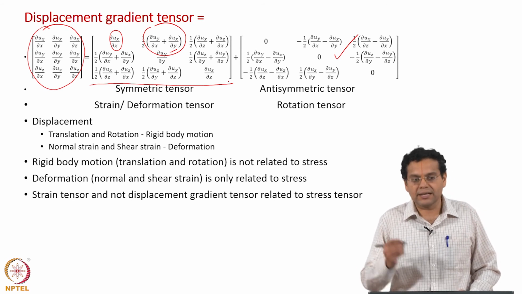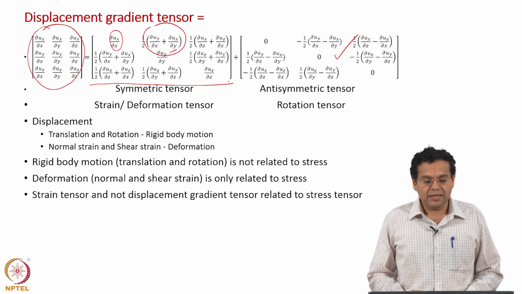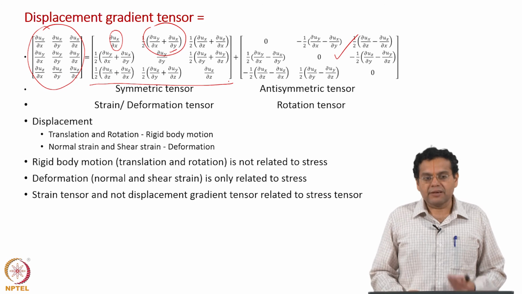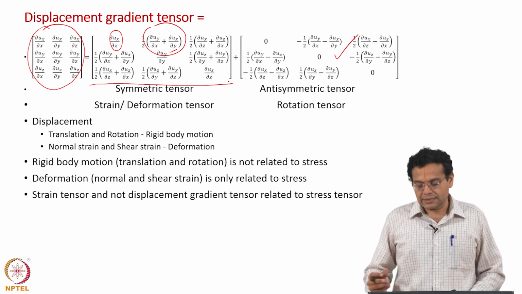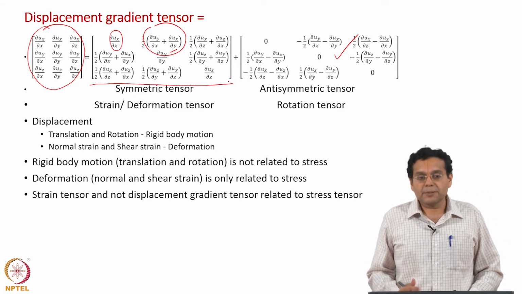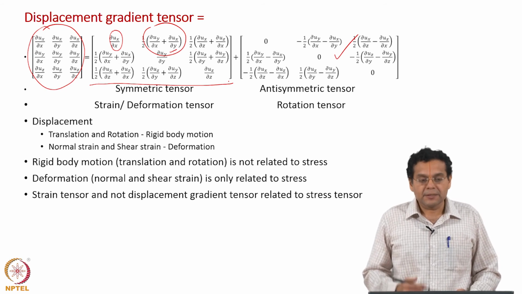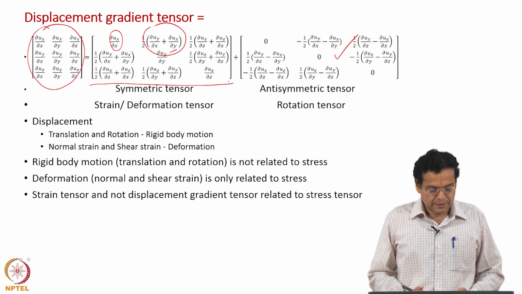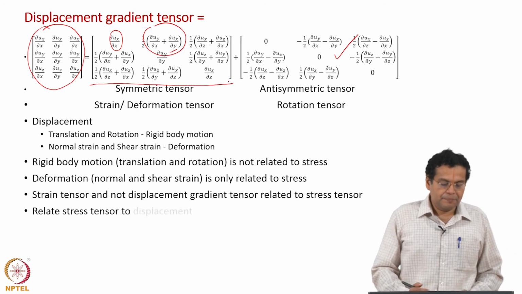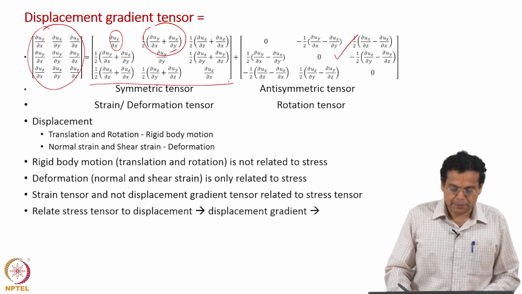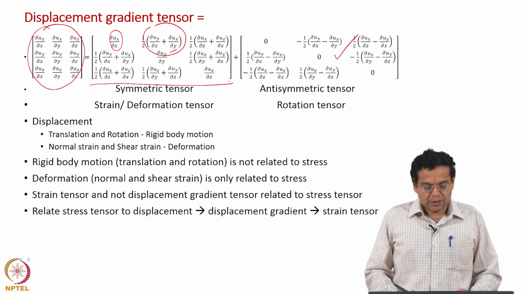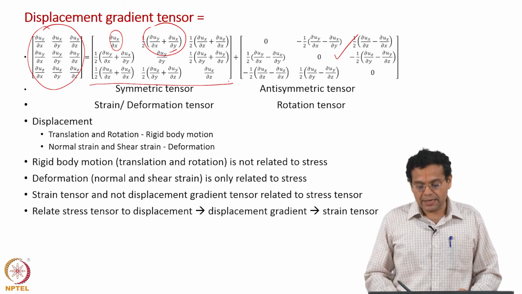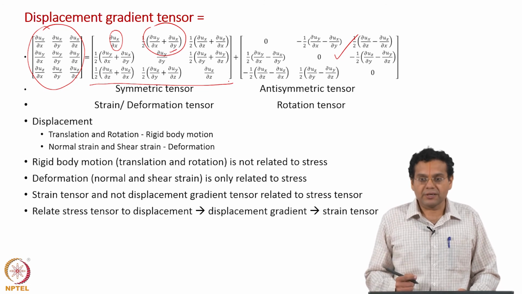How are we going to relate that, we will see, but we should be ready with the right hand side. Left hand side is the stress tensor, the right hand side is not the displacement gradient tensor, but the components of the strain tensor. So, relate the stress tensor to displacement. When I say displacement, it is displacement gradient, not even the displacement gradient tensor, but one part of it, namely the strain tensor.